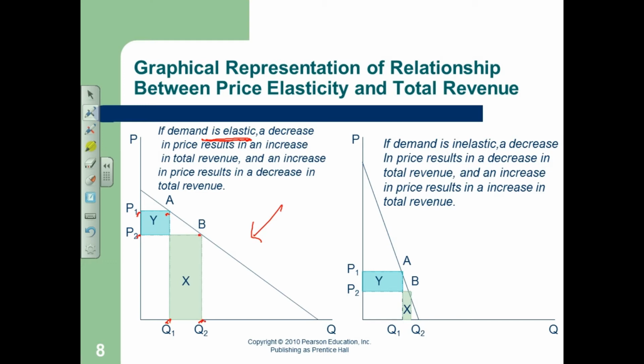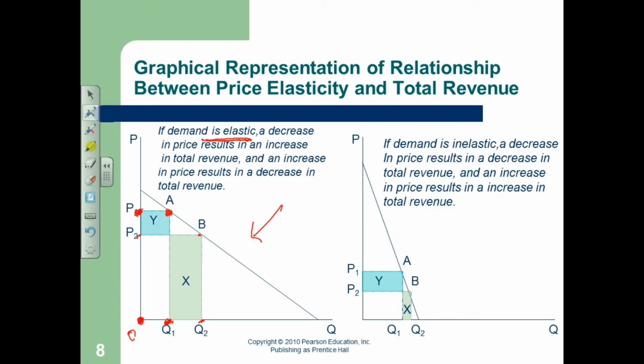So in a sense, what is happening is, if you want to calculate your revenue at point P1, it would be P1 multiplied by Q1, which would give you this whole rectangle from O to P1 to A to Q1.